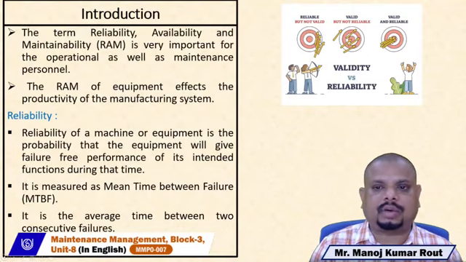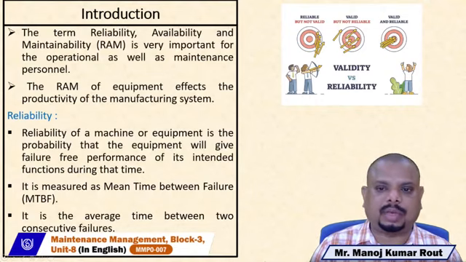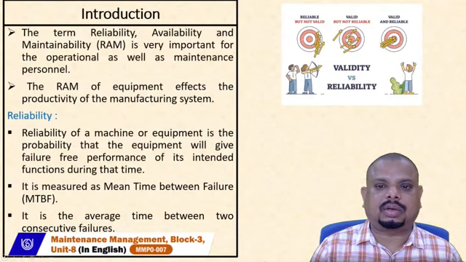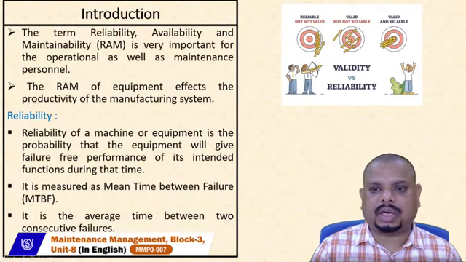Before starting this session, we have to understand how validity versus reliability works in maintenance management. If you observe this image: reliable but not valid. In the first image, the arrows are just missing the target, away from the target. In the case of valid, out of 5 arrows, 1 arrow touches the target.